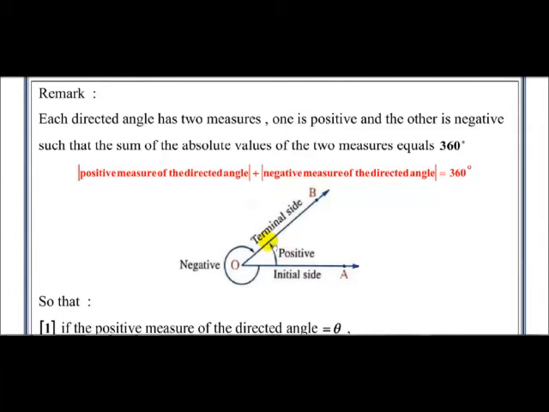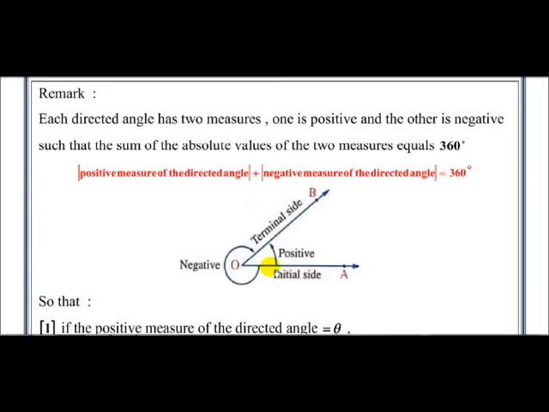Look at this directed angle. This is the initial. My terminal rotates in this direction, okay? This is the terminal. My angle rotates anti-clockwise, so its measure is positive.